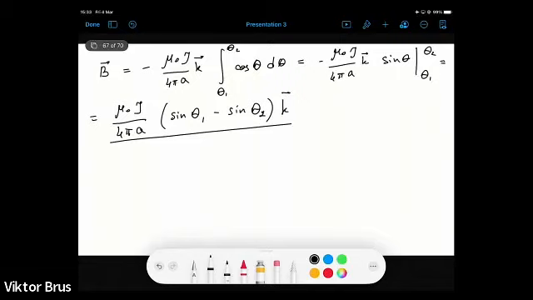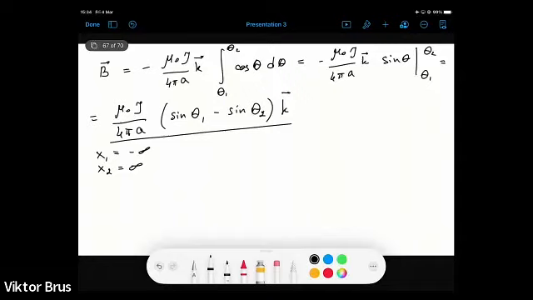So what is interesting here, let us consider some specific case. For instance, when we have a very long conductor, so let's assume that position of left edge x1 is equal to minus infinity, and right edge x2 is equal to infinity.